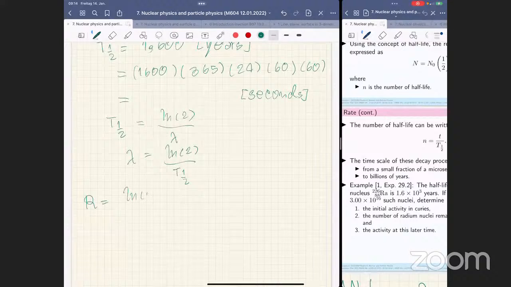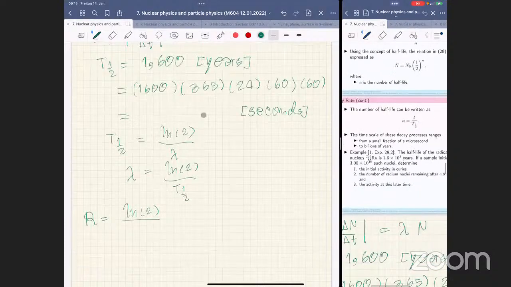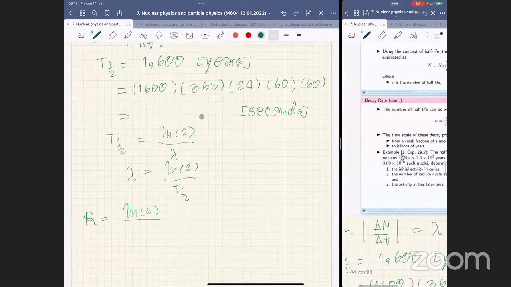It's ln 2 divided by T half, which is this number, times N. I don't know how much, but let me compute it somewhere else so that we know that value.